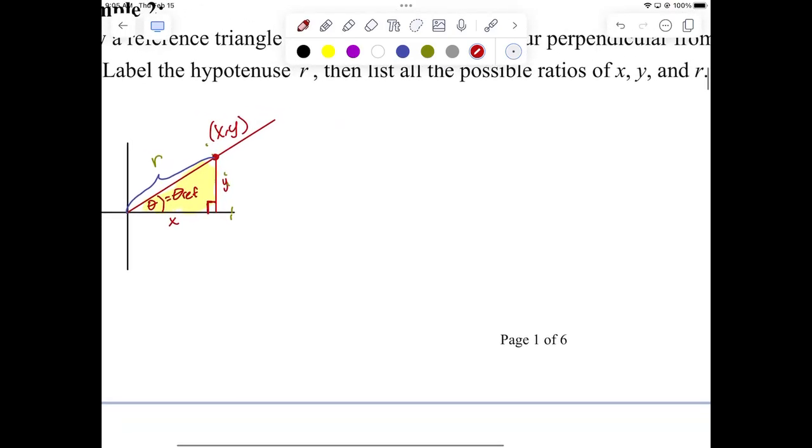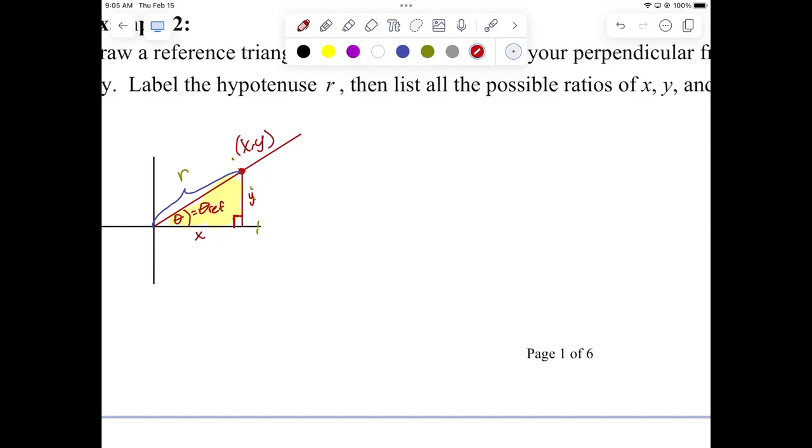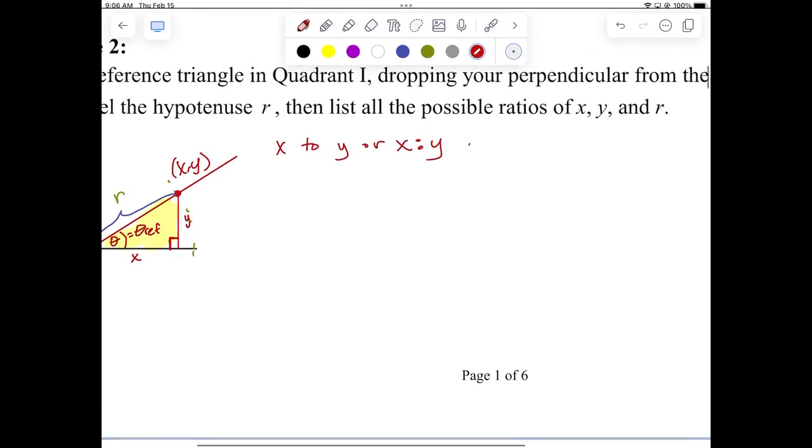Can someone give me a ratio of x, y, or r: r to x, or y to r, anything? I'm just looking for any ratio of two of the three sides. X to y. Now, when we say x to y, that's another way to say x colon y, or we say x over y like that.